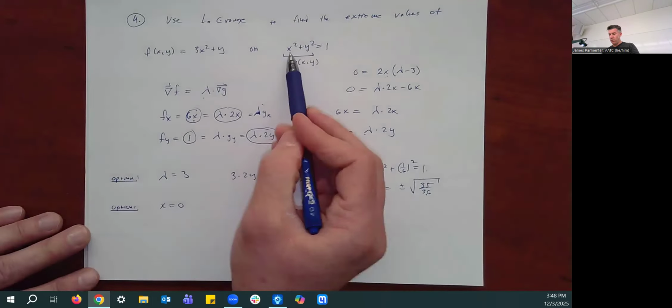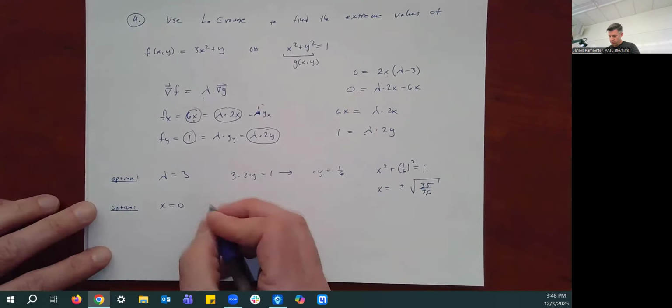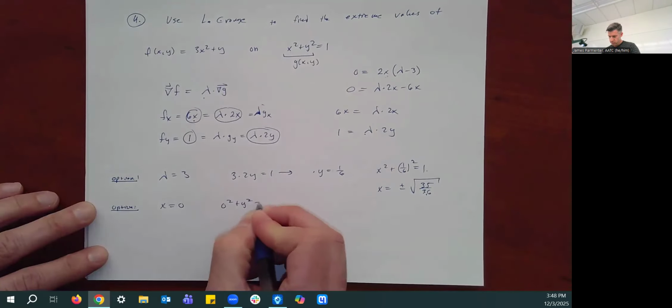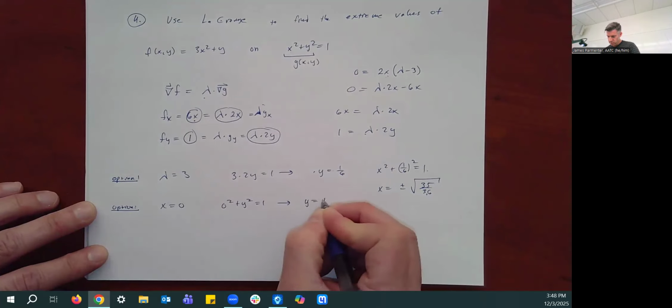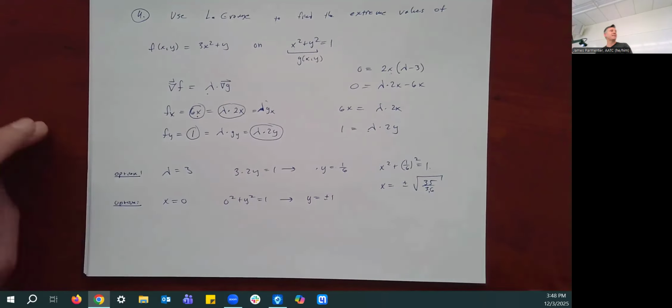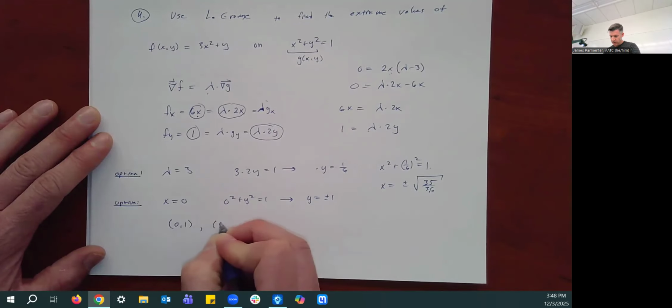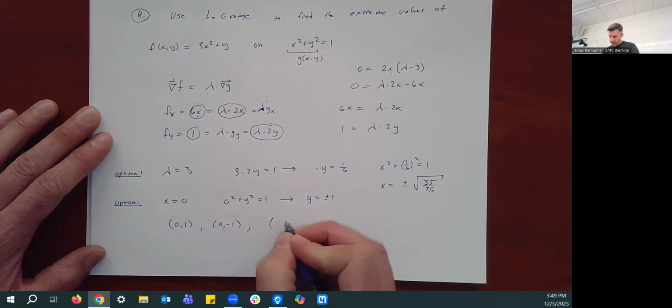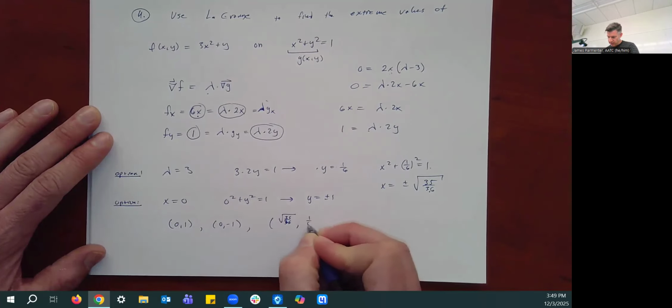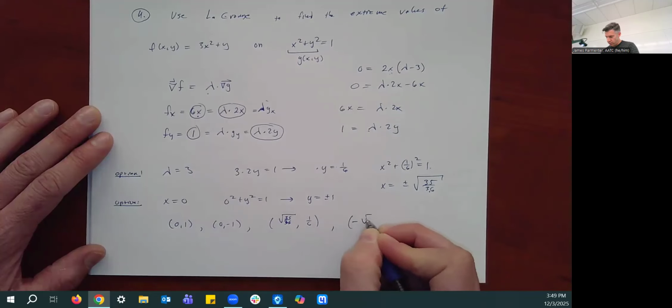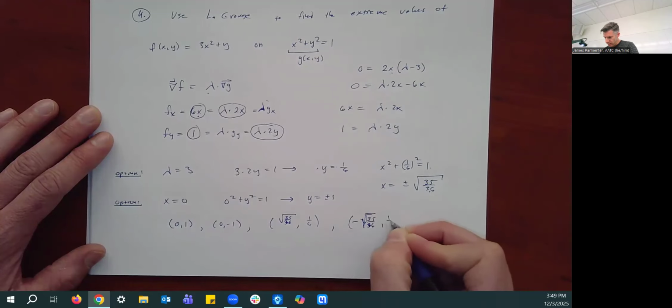And then if x is equal to 0, we get y equal to plus or minus 1. So we have 4 points in contention that are going to be the extreme values of this function. We have (0, 1), (0, -1), (positive root 35 over 36, 1/6), and (negative root 35 over 36, 1/6).